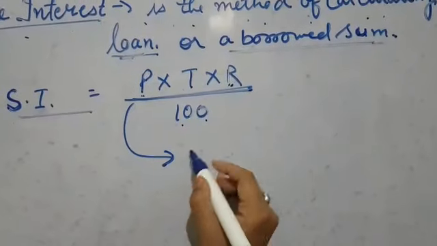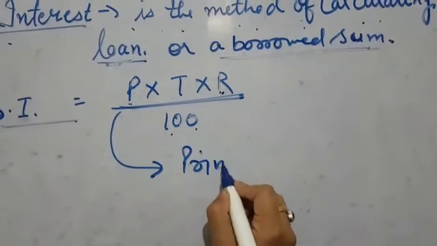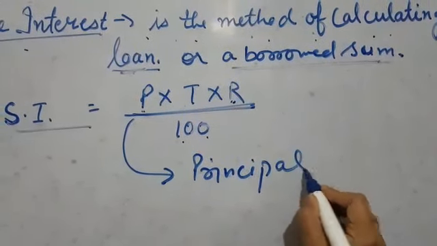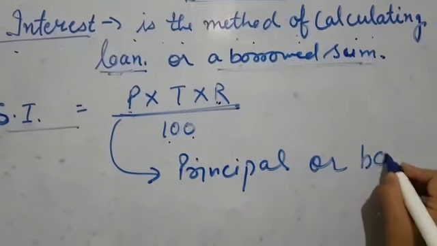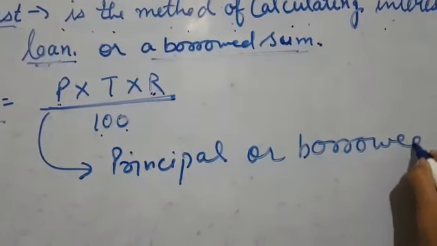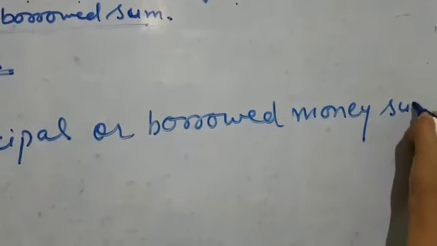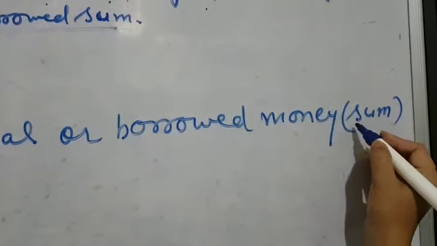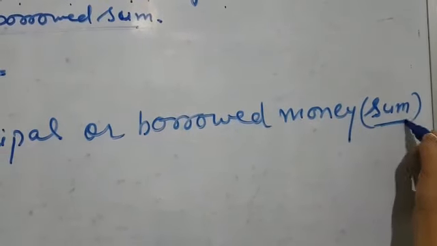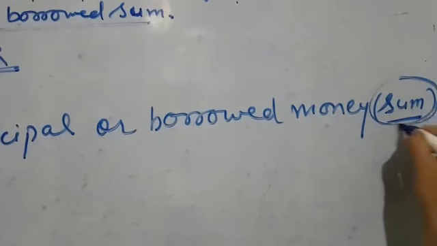So what is P here? P is the principal or the borrowed money or sum. In your sums, in most of the statements you will find this. This is the amount which is borrowed.